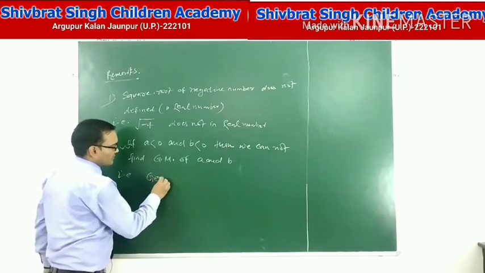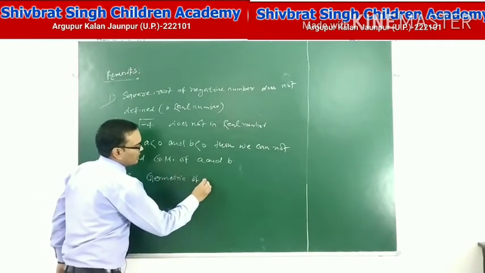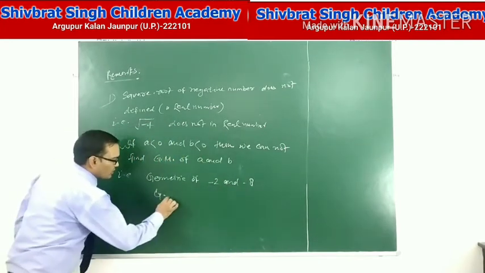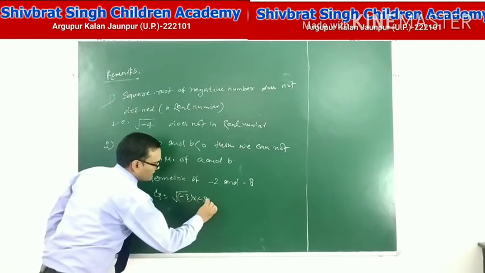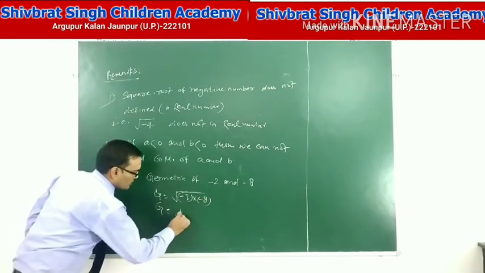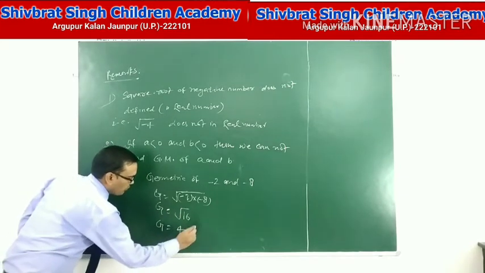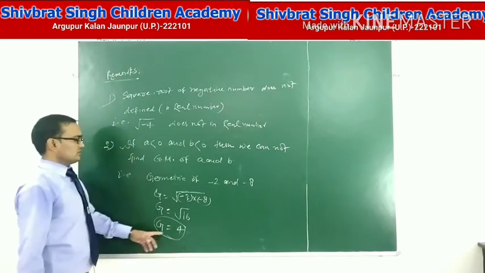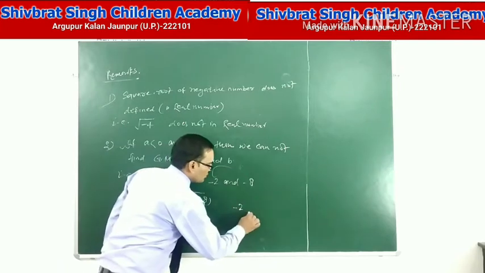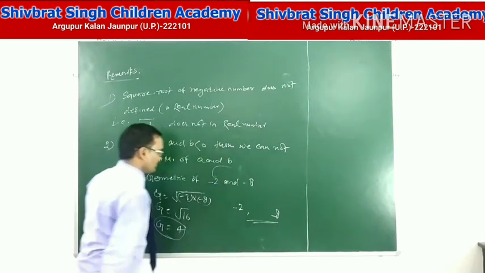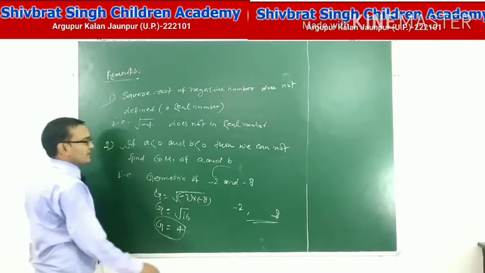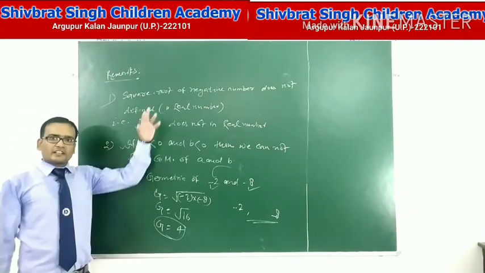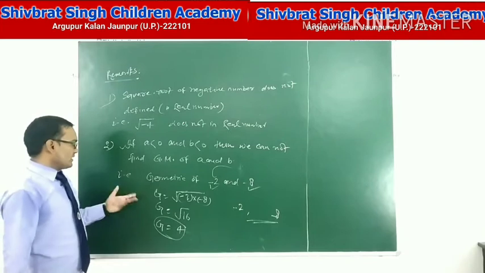Geometric mean of -2 and -8. G equal to square root of (-2) multiply (-8). G equal to square root 16, G equal to 4. Here 4 is not between -2 and -8. Then 4 is not the geometric mean of -2 and -8. You understand why we take the positive numbers a and b.